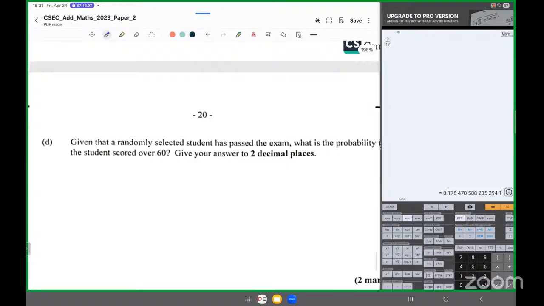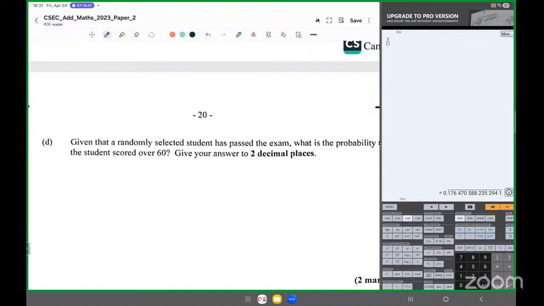Given that a randomly selected student has passed the exam, now you're picking out of the ones who passed, which is 14 passed. So out of the ones who passed, you want to know the ones who got a score over 60.